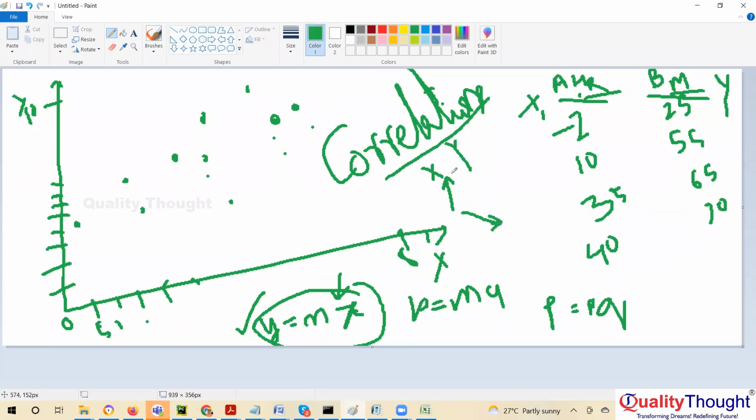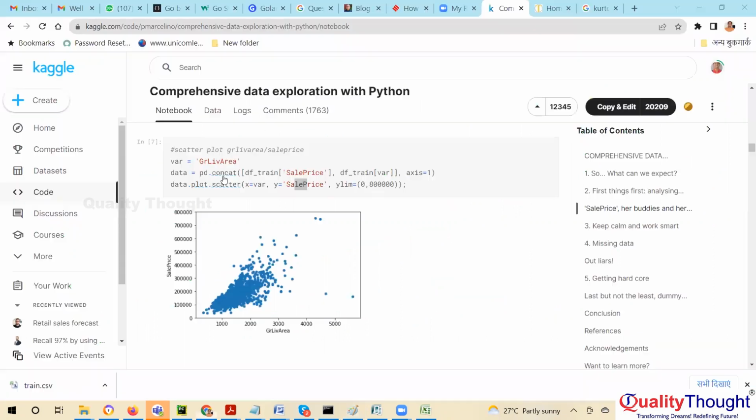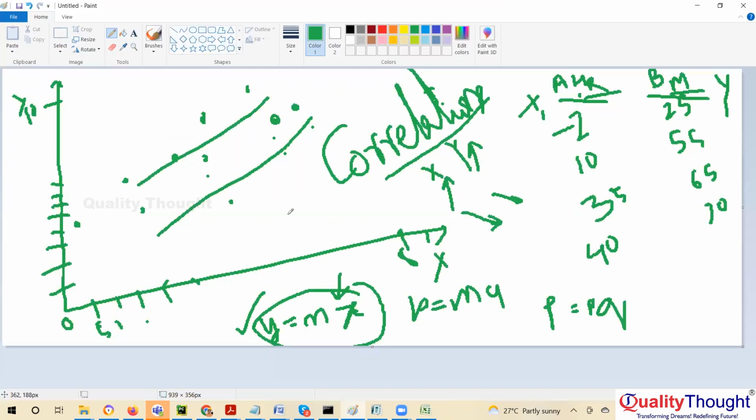If x increases, y also increases, and x decreases, y also decreases, we say they are positively correlated. Direct relationship, in the same direction. As the number of hours you study increases, marks obtained also increases. Same thing here also. So we are saying yes, they are correlated, and it is positive correlation.